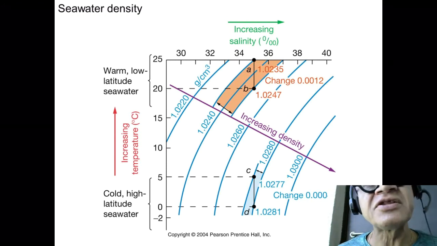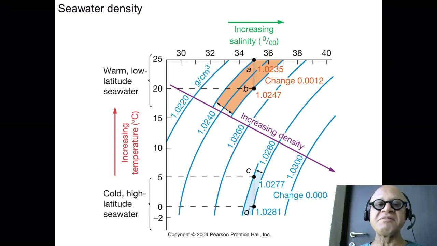Let's look at some very interesting properties that you get, as I mentioned, because of this non-linear density change with salinity and temperature. Two things to notice: when you are at warm temperature, here there is a change of 5 degrees in temperature.